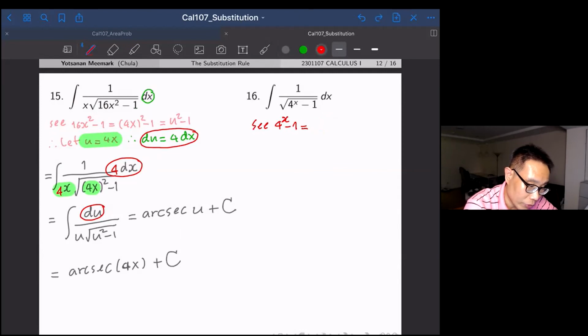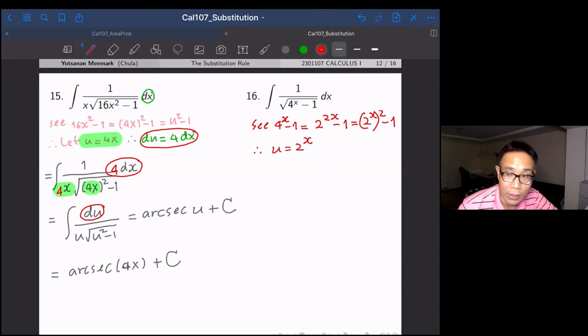And 4 to the x is 2 to the 2x, minus 1, and this will be 2 to the x squared minus 1. And so you get u to be 2 to the x.